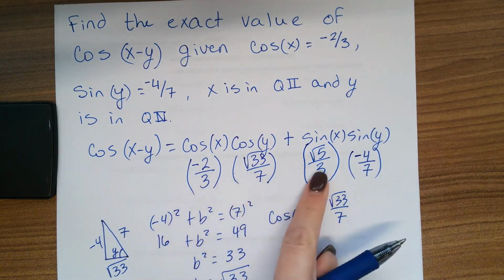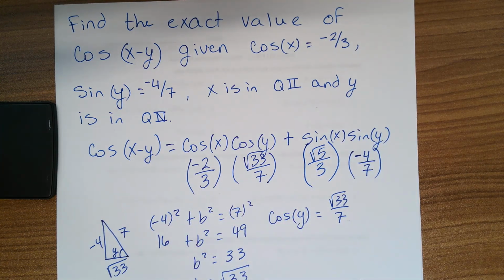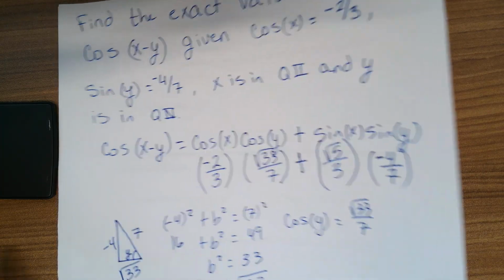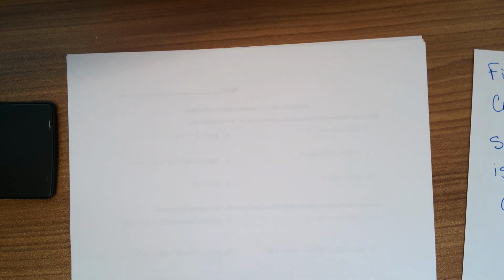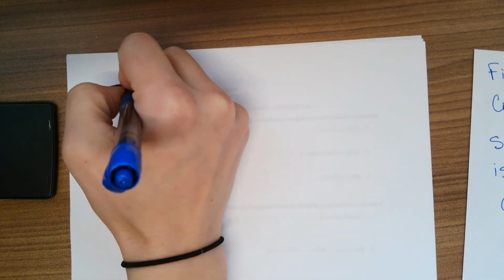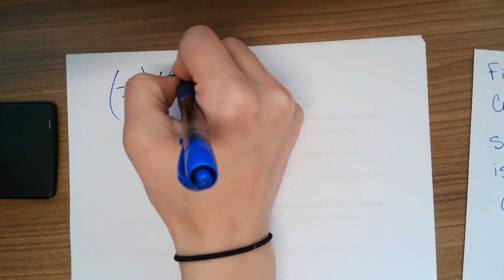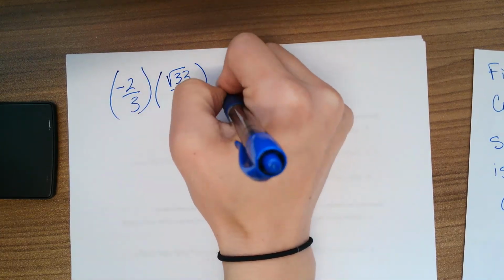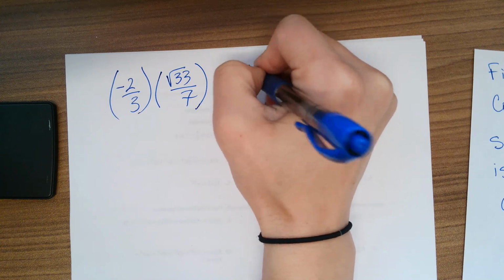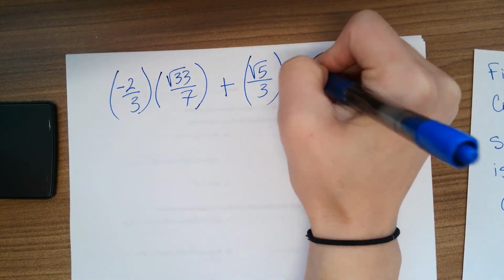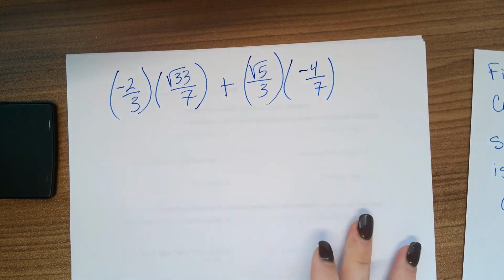And now that I've filled in all the pieces, we can go ahead and perform the arithmetic. So I'm going to get another page real quick. And we want to do the arithmetic on negative 2/3 times square root of 33 over 7 plus the square root of 5 over 3 times negative 4 over 7.